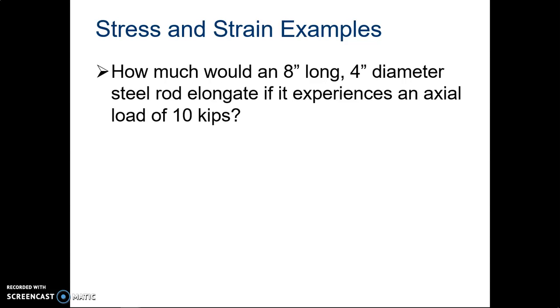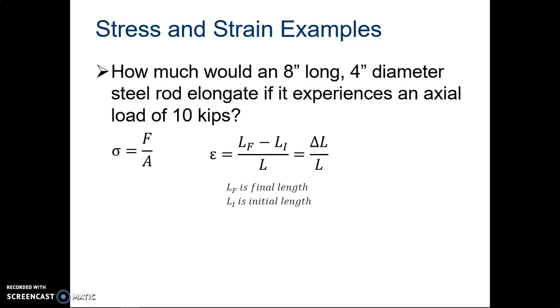So we have a few equations you can work with. The first equation is going to be the stress. Stress is force over area. The next one, it's been a while since we've done it, is the strain, which is strain is equal to the change in length over the original length, or the final length minus the initial length over the original length. So basically, let's use quick numbers.